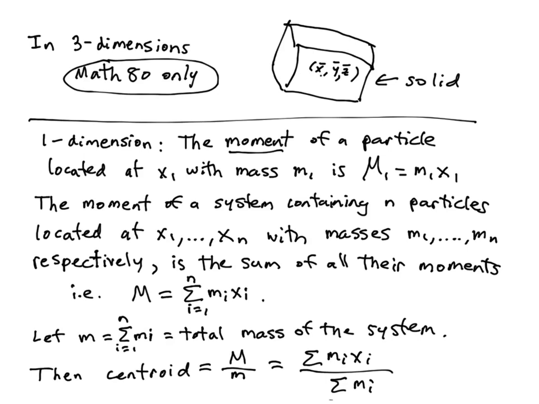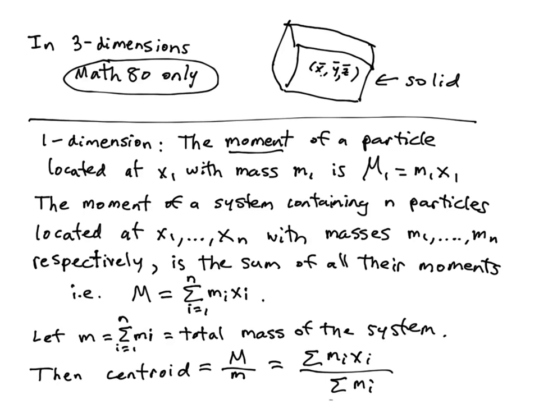Okay? So this is very, very basic. All we're doing is a weighted average. This is how you find the location of the center of mass: you just add up all of the moments of the n particles and then divide it by the total mass of the n particles.